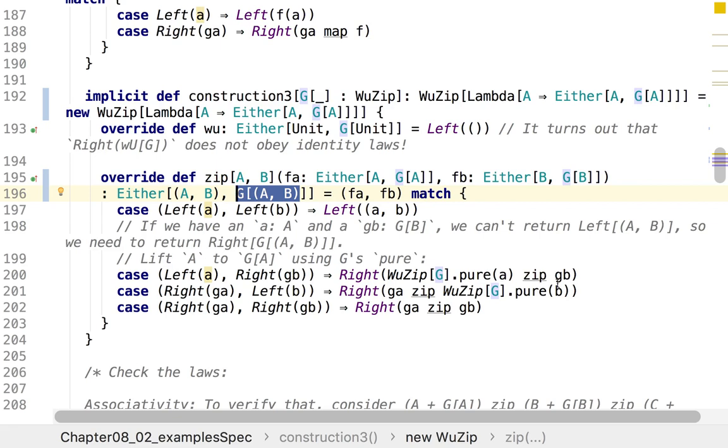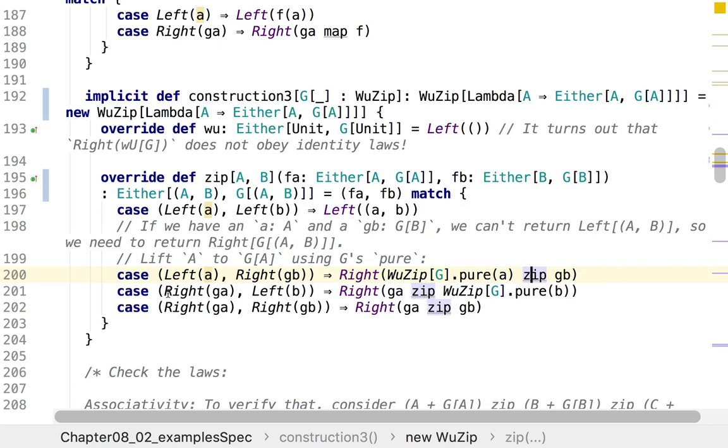That seems to be the right way, but then we need to lift A into the functor G, and we have this. And this is actually, according to the identity law in the functor G, which should hold, equivalent to just mapping over G of B a function that takes B and returns a pair A B. So let's just write it like this, because it's easier to understand what's happening.